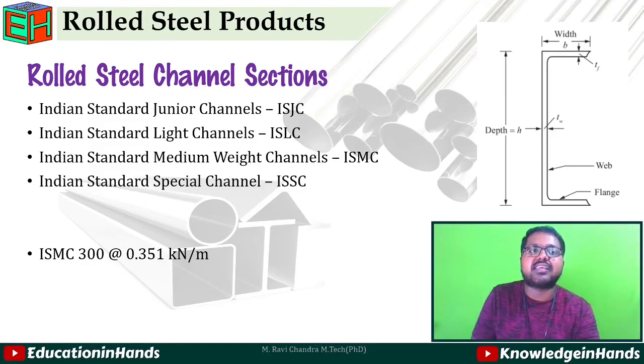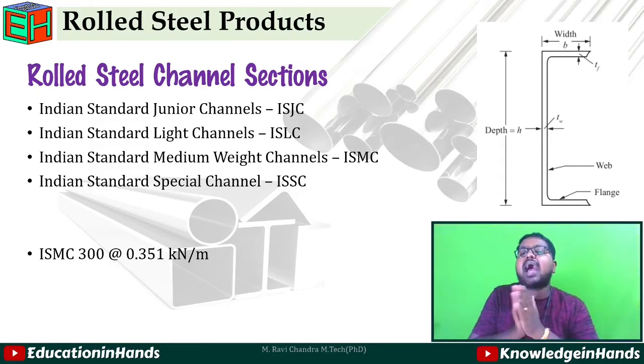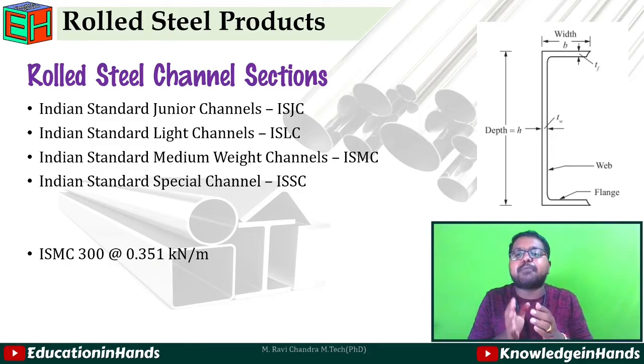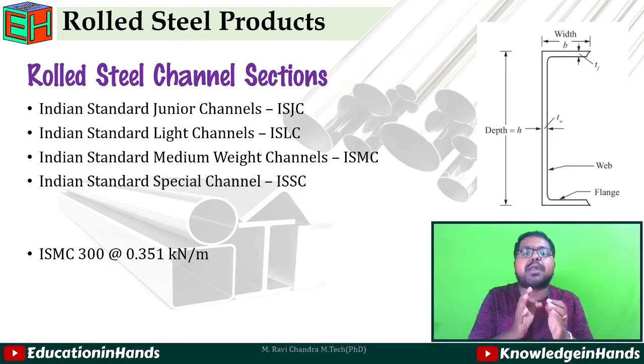TW is the thickness of the web, TF is the thickness of the flange, and depth equal to H and width equal to B. So in this designation, it is given like ISMC 300 at the rate of 0.351 kilonewton per meter, meaning ISMC, Indian Standard Medium Channel, of depth 300 mm at the rate of 0.351 kilonewton per meter.